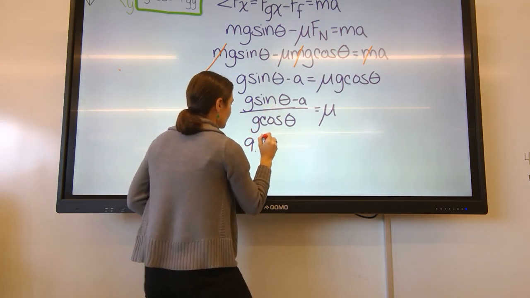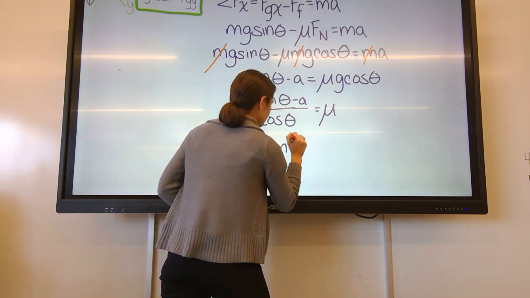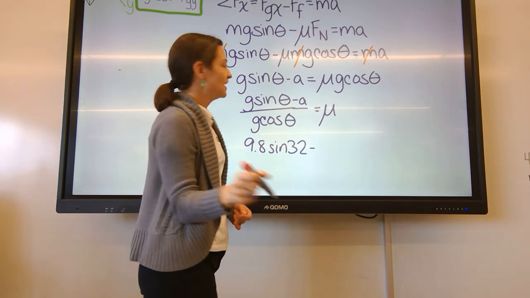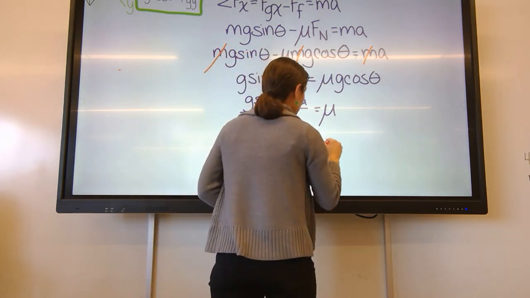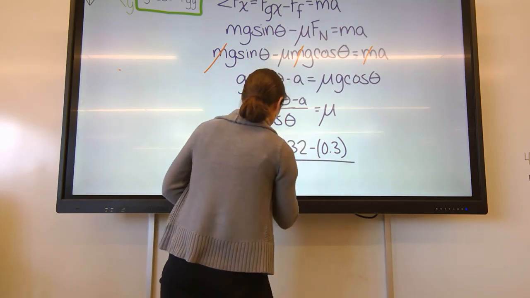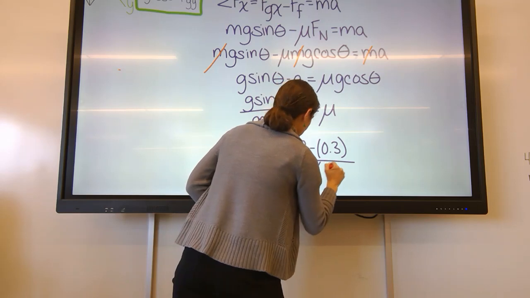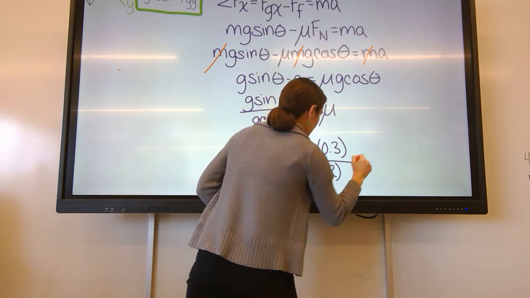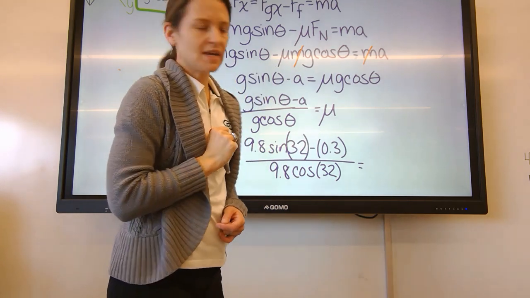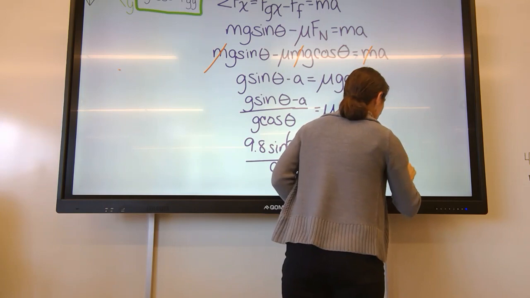I have 9.8 sine of 32. Remember to put your calculator in degrees. The a was 0.3, over 9.8 cosine 32. And if you do all of this math, you get mu equals 0.59.